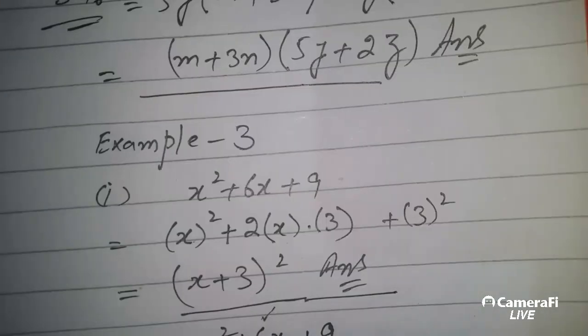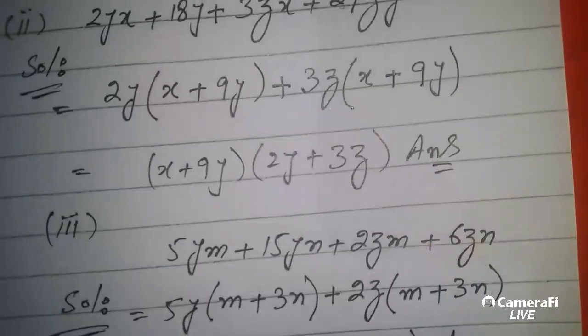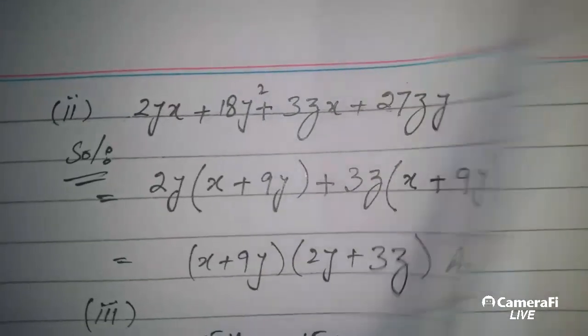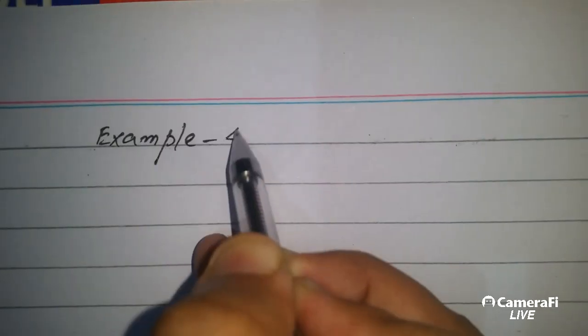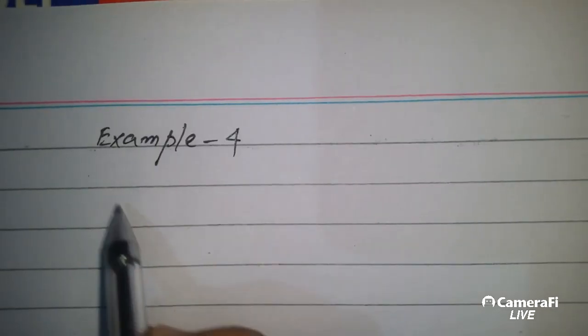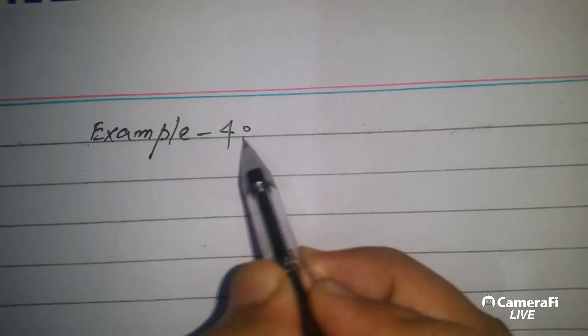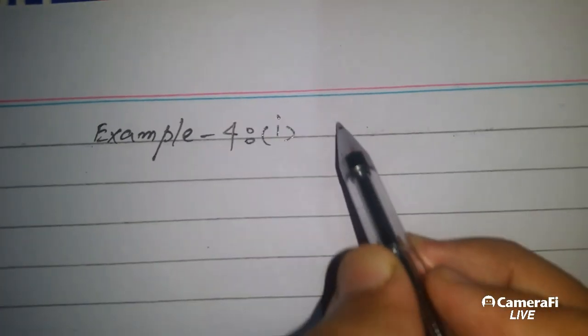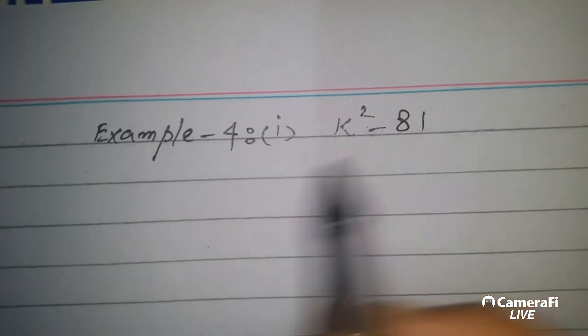We have two more examples before we go to the exercise. Let's cover these examples. Here we have, first part is k square minus 81.